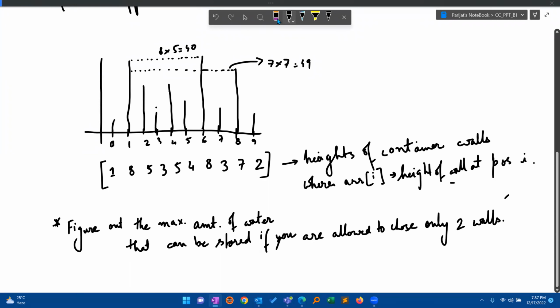So everyone got the question, what we are trying to figure out and what the input signifies?